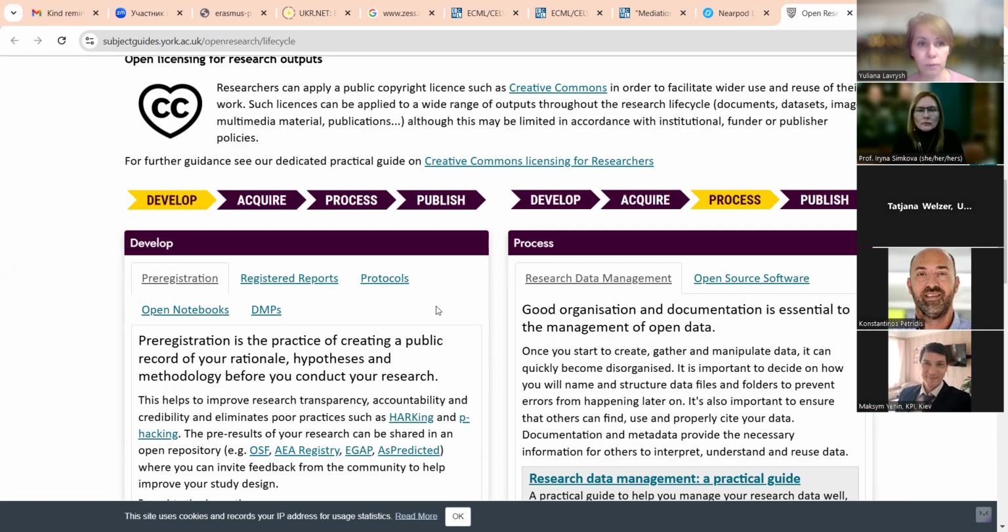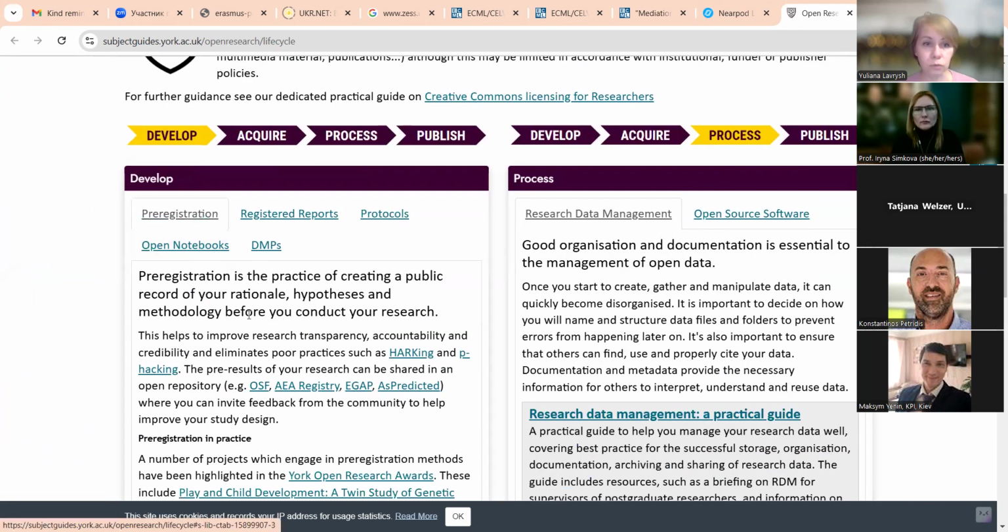So first, you remember, it is about developing the idea, what you're going to do. When you develop your idea, you can see here five practices or activities of open science which you might use on this stage of your idea development.